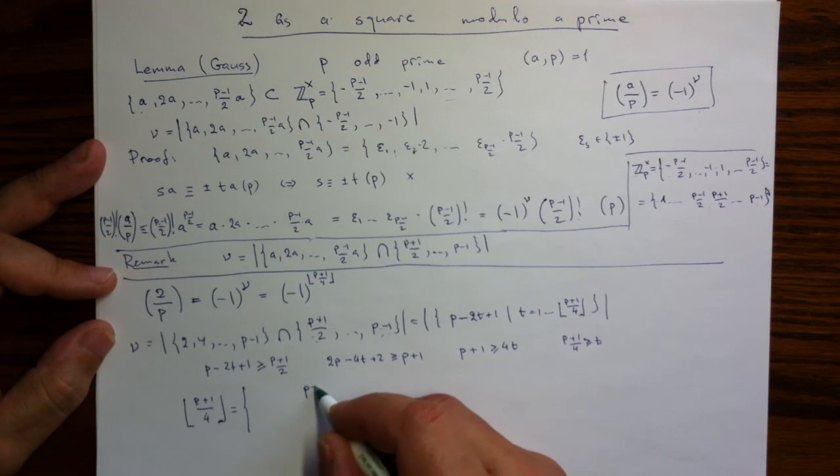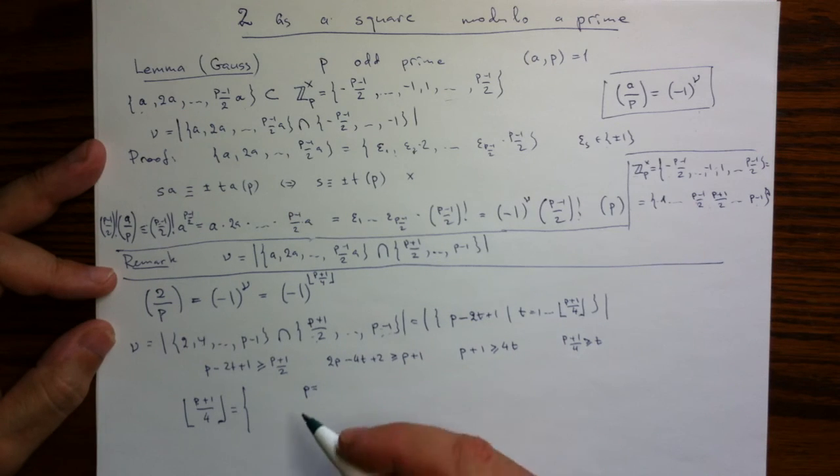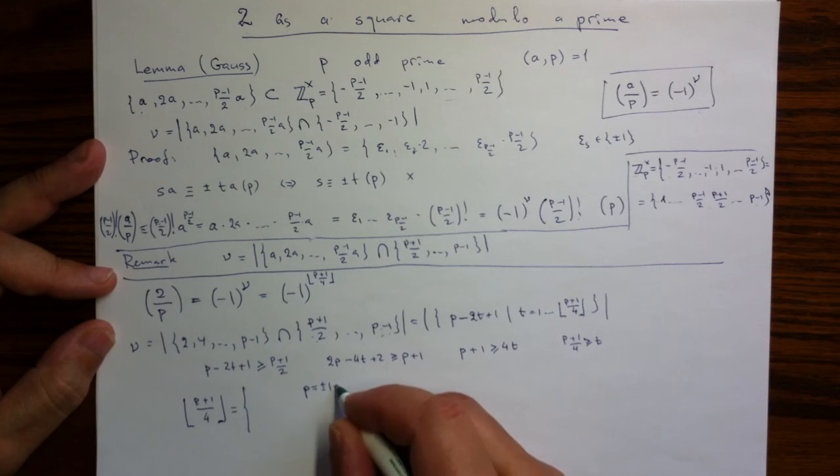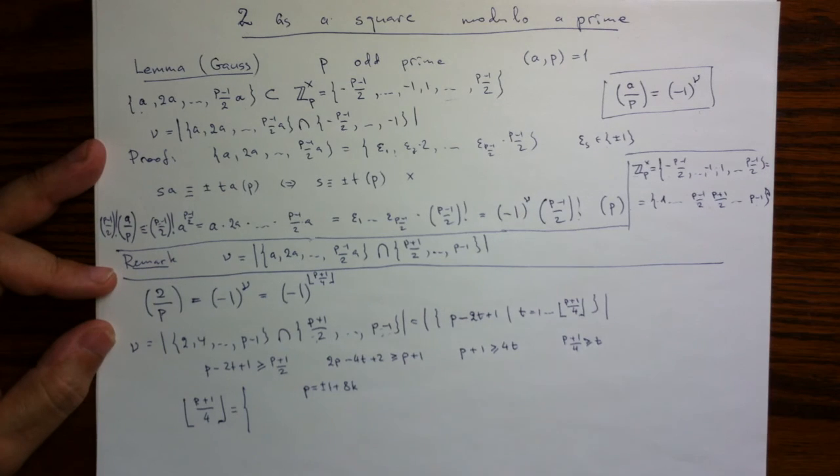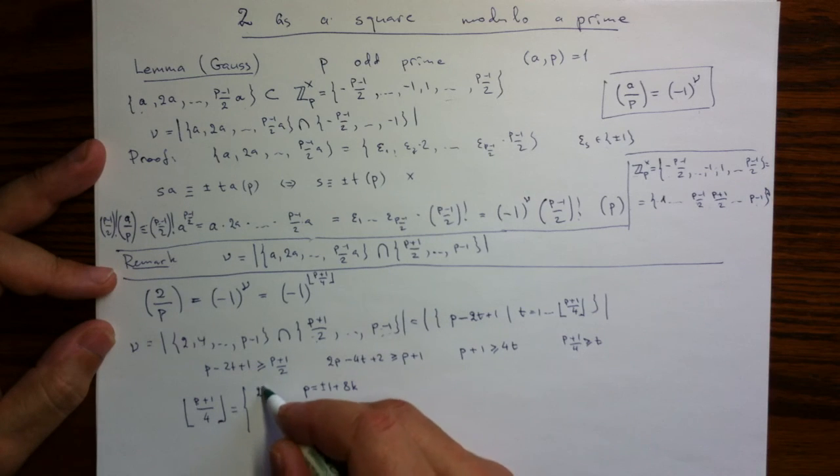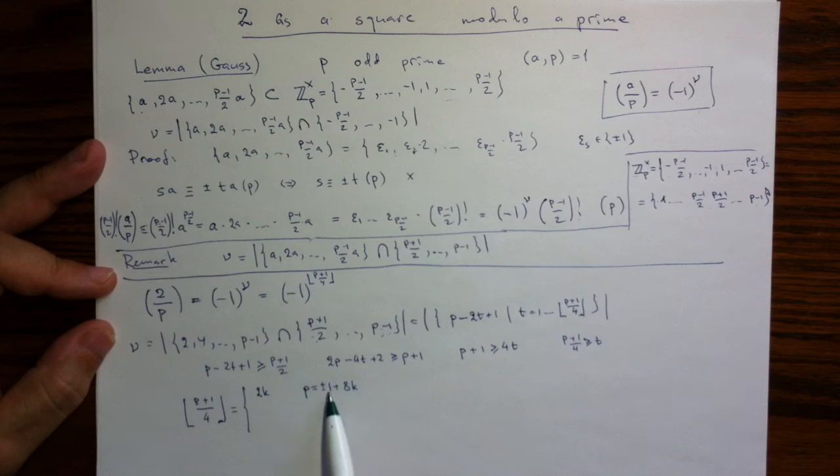So if p is congruent to plus or minus 1 modulo 8, then if it's minus 1, it just cancels out with the 1 here, and then we have 8k over 4. The integer part will be 2k. If it's plus 1, we'll have 2 plus 8k over 4, which can be written as 1/2 plus 2k, and still the integer part will be 2k.